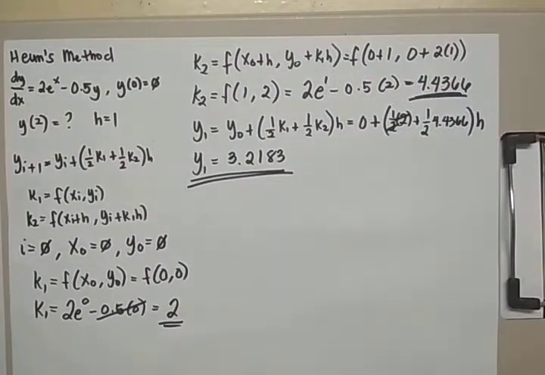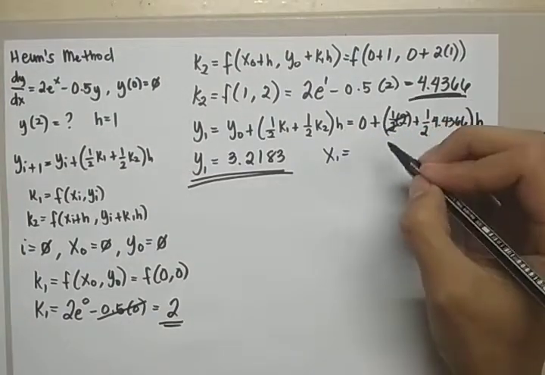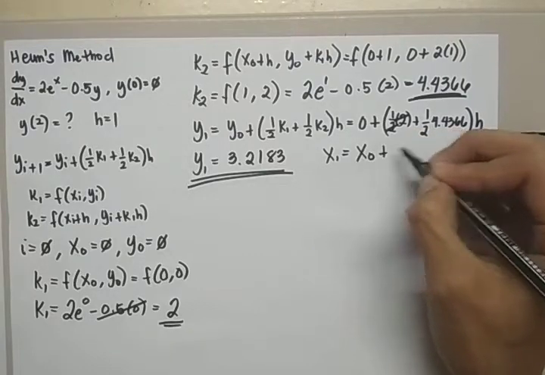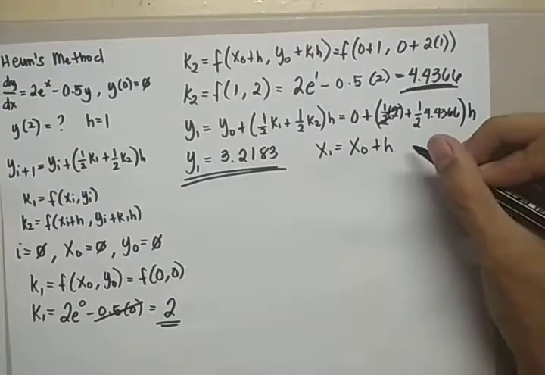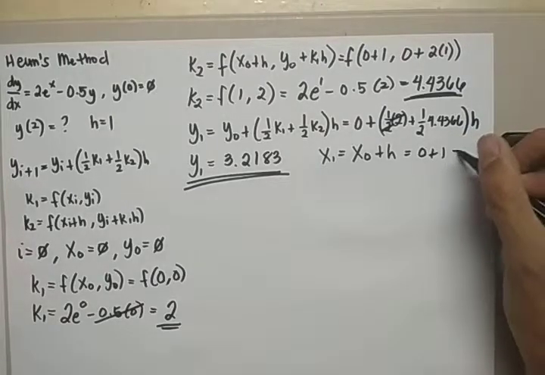For calculating the value for x sub 1, we have the formula x sub 0 plus h, which is 0 plus 1. So our x sub 1 is equal to 1.